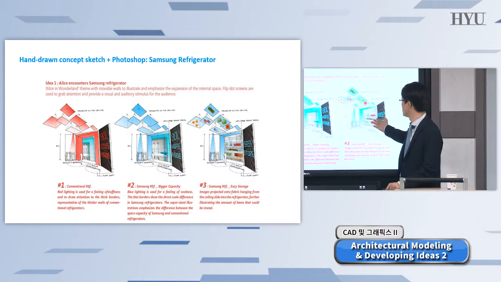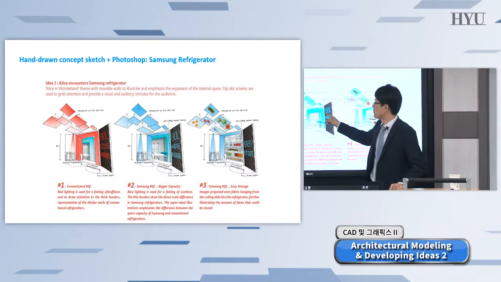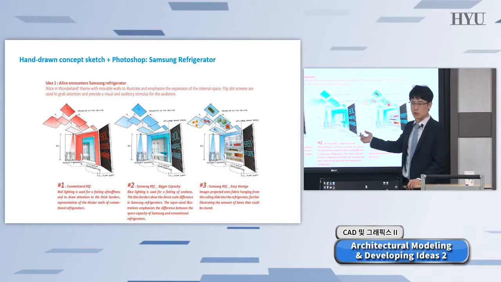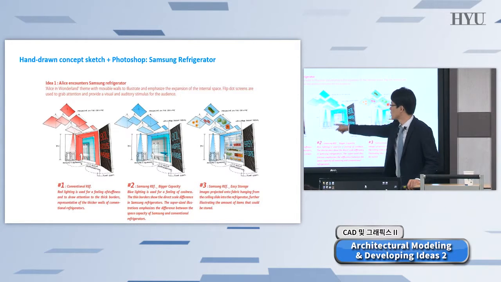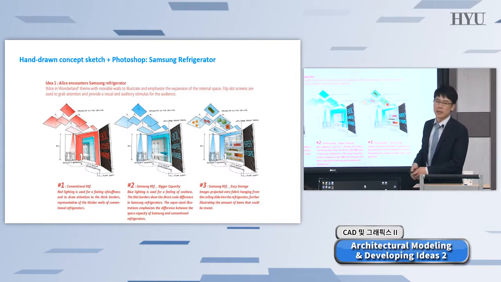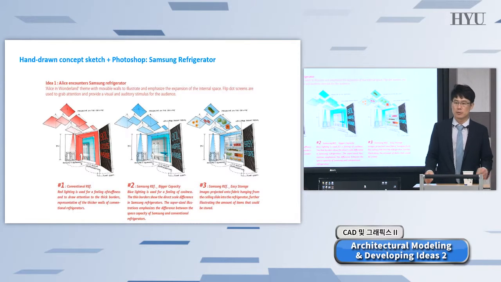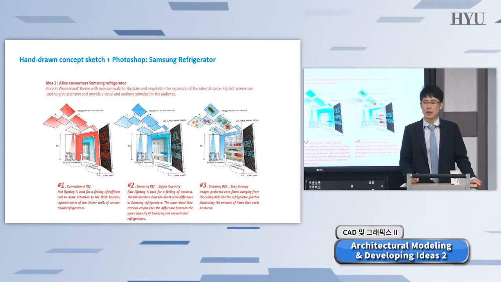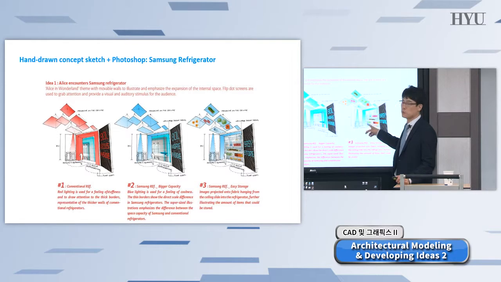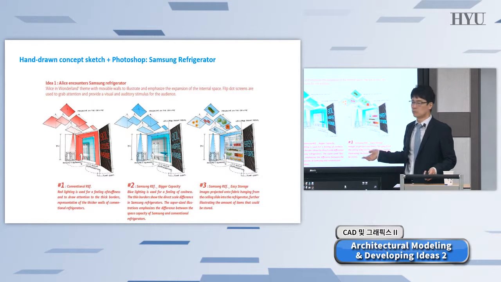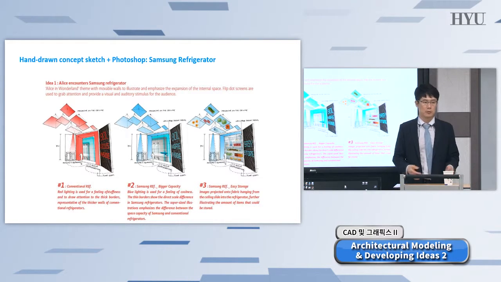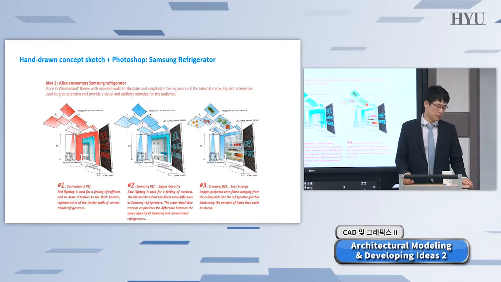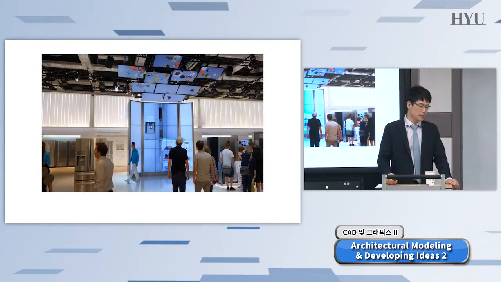So this screen will display the content of the refrigerator or specific functionality or specific features, and some LEDs, projectors, even hanging screens on the ceiling will display interactively with users, visitors. And it's going to be beyond the human scale, which means a really enlarged structure.